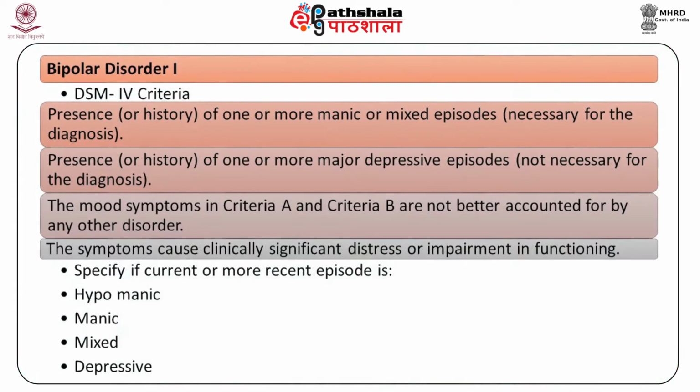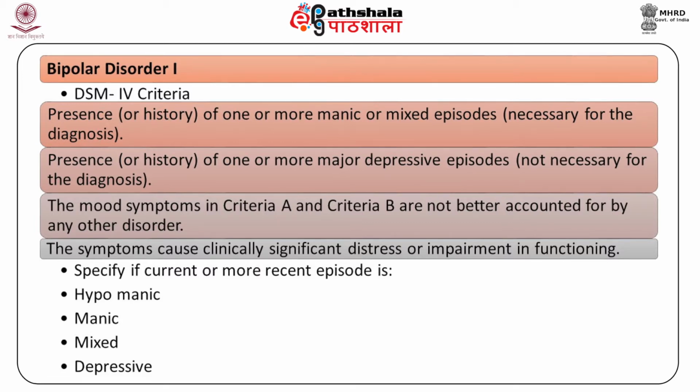First, bipolar disorder 1. DSM-4 criteria: A. Presence or history of one or more manic or mixed episodes is necessary for the diagnosis. B. Presence or history of one or more major depressive episodes is not necessary for the diagnosis.